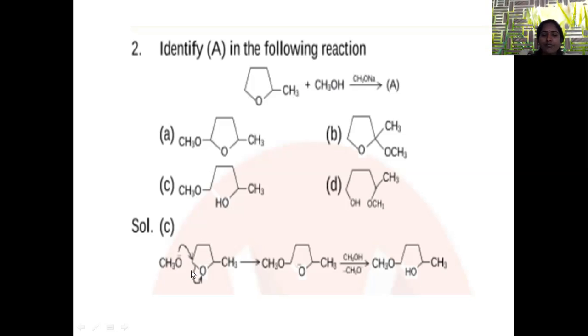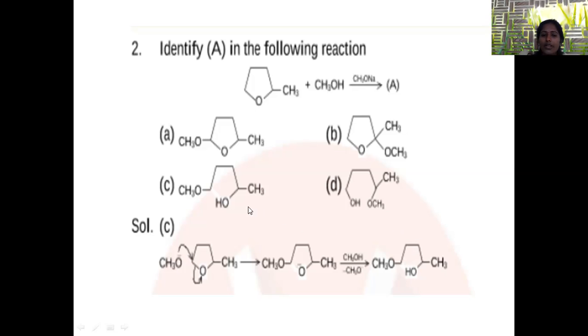When ring cleavage is possible, this methoxide will attach to this carbon and the oxide ion formation is possible. This oxide ion will take the H plus from the methanol we are adding here. Methanol will release H plus, so that methoxide is again retained because it is the catalyst. Hence, we will get OCH3 on one terminal and OH on the other terminal of this compound.